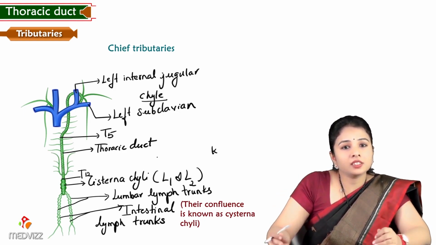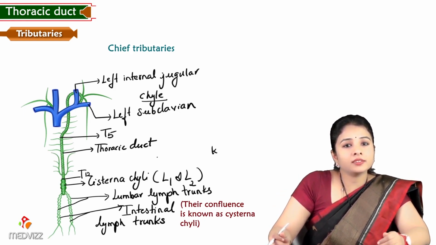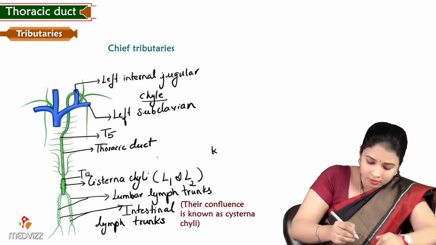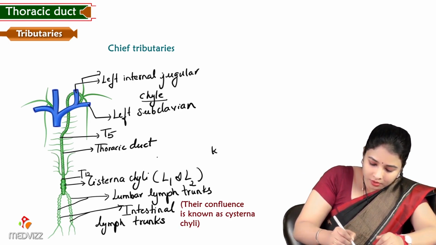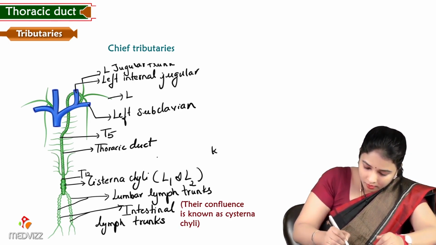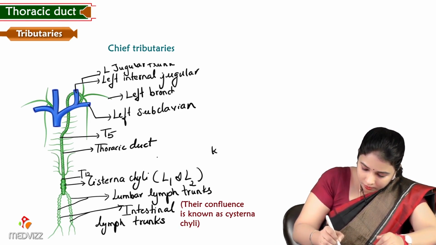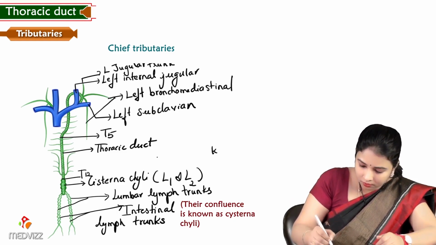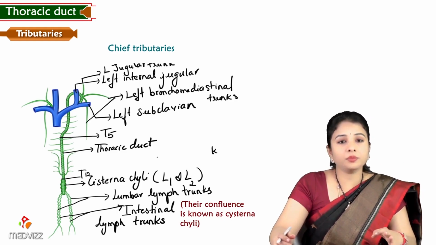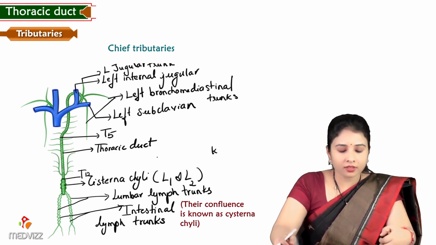At its termination, it has the left jugular and left bronchomediastinal trunks. So these are the main tributaries of the thoracic duct.